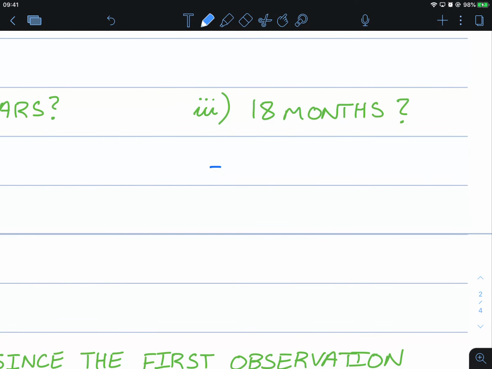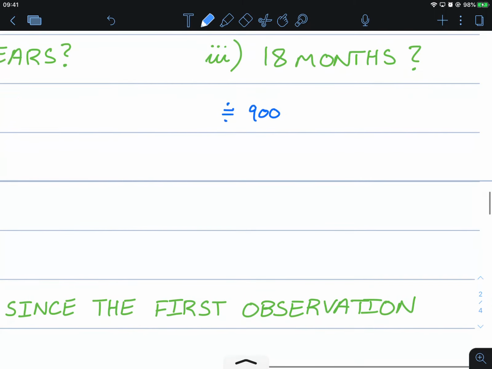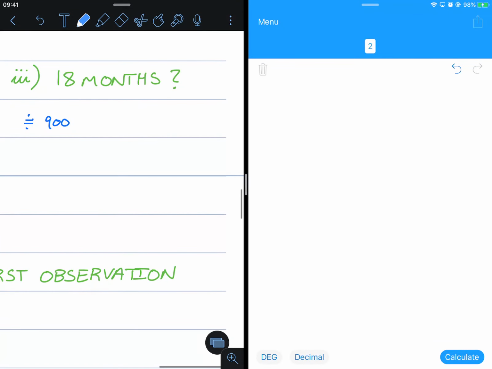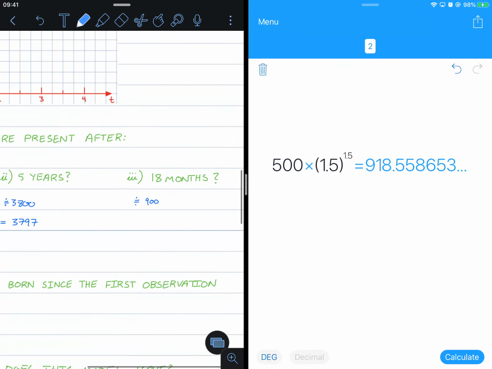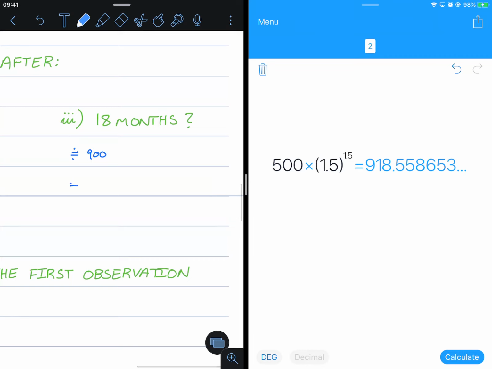So we can approximate using the graph. So approximately 900. But of course, because we're given the actual formula for the fish, we can just find the exact value here. So 500 times 1.5 to the power of 1.5. 919 exactly. This is 900, so this is from the graph.